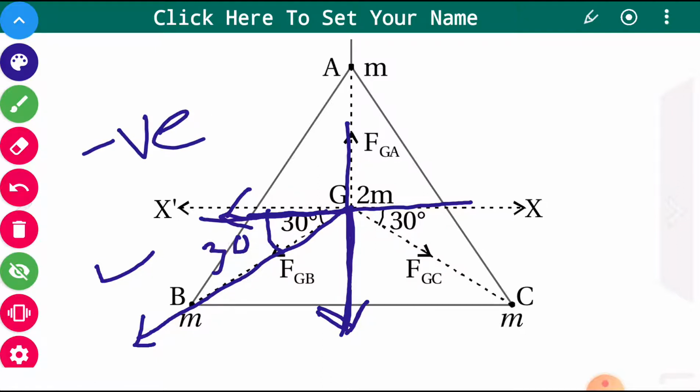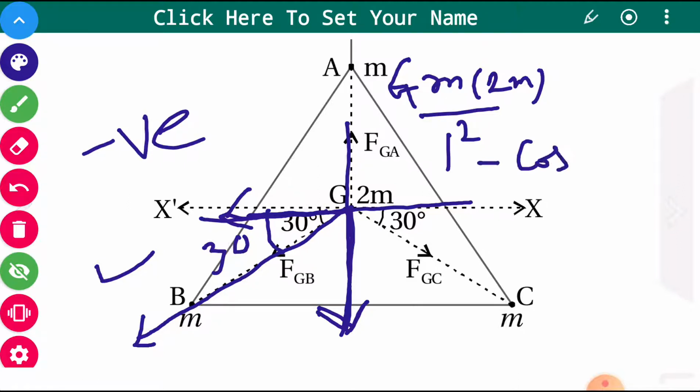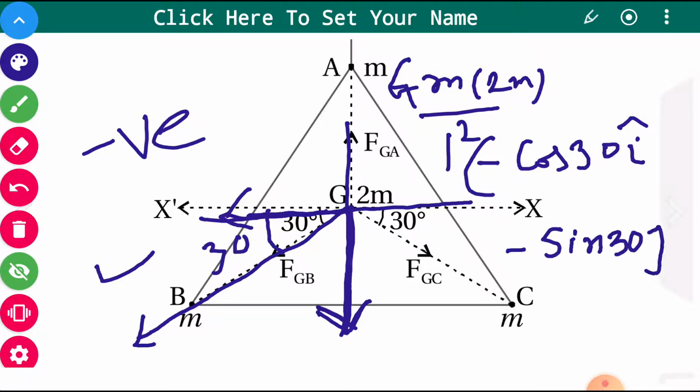So first of all, the value of force is G m1 m2 upon r square. Now the force in the x direction is in the negative x direction, so the component will be minus cos 30 i cap. The y component is in the negative y direction, so it becomes minus sin 30 j cap.